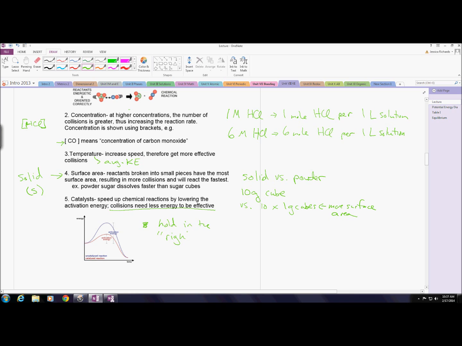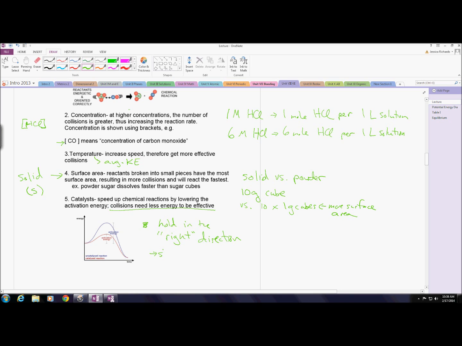If a catalyst is holding one of your reactants so that the area or section of the particle that needs to be collided with is facing out, then your other reactants only have one choice. They can't hit them in the back, they can only hit them on the correct side. And so that will also help speed up the reactions.